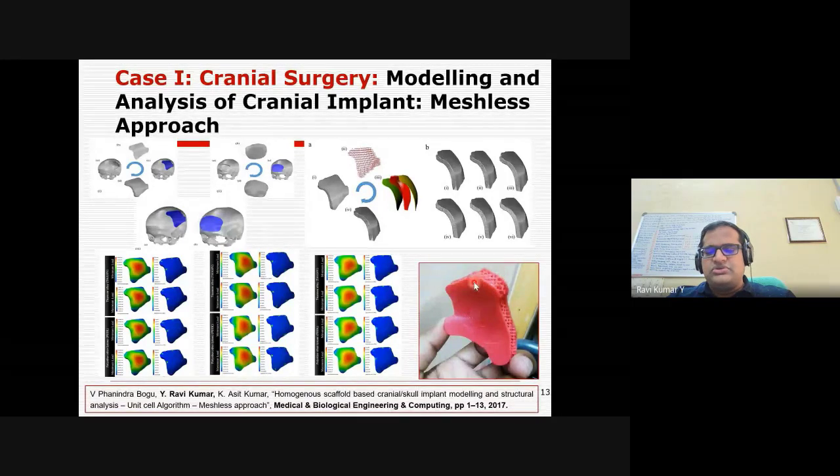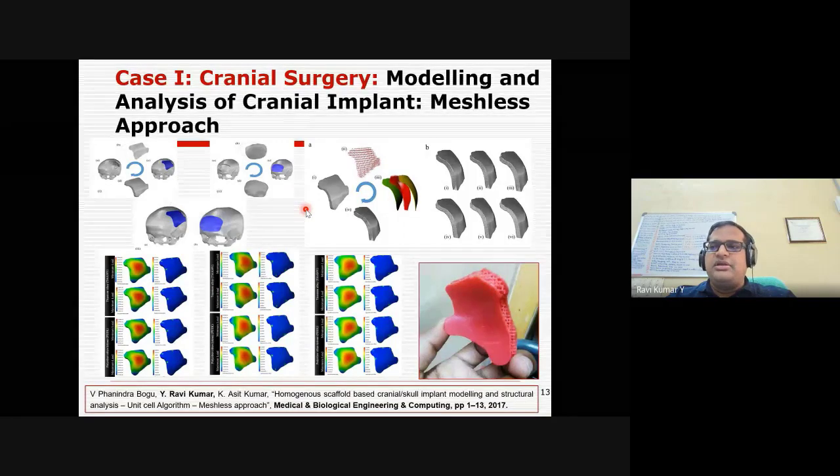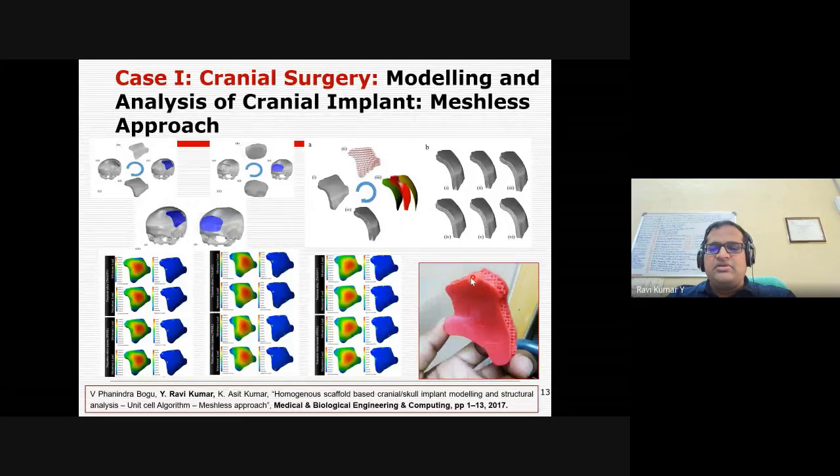You have the inner bone, maybe around 0.7 to 0.8 mm thick, the outer bone maybe around 0.4 to 0.5 mm thick, and in between you have a porous kind of bone. So how do you match this structure with the native skull bone? That is the challenging part. And we have an opportunity here to design lattice-based structures to do this job.